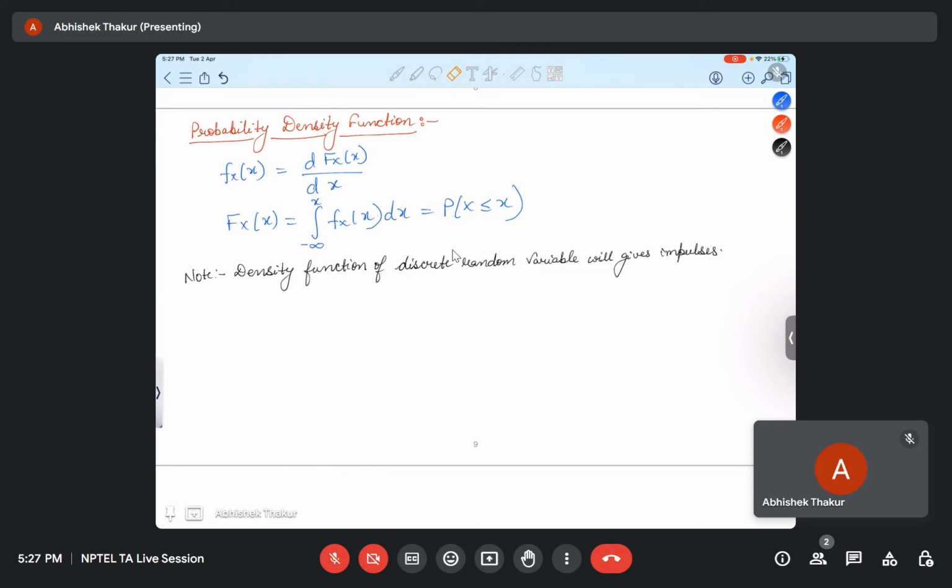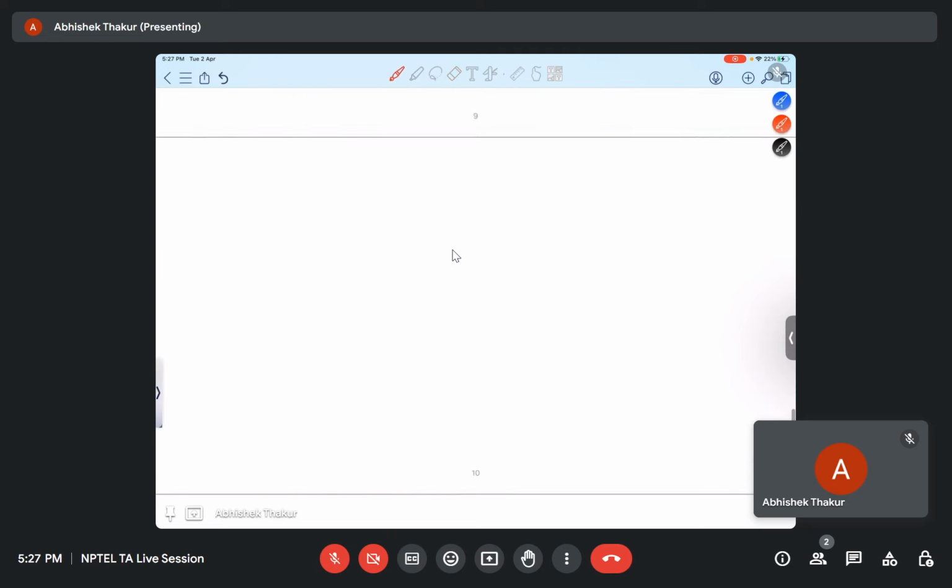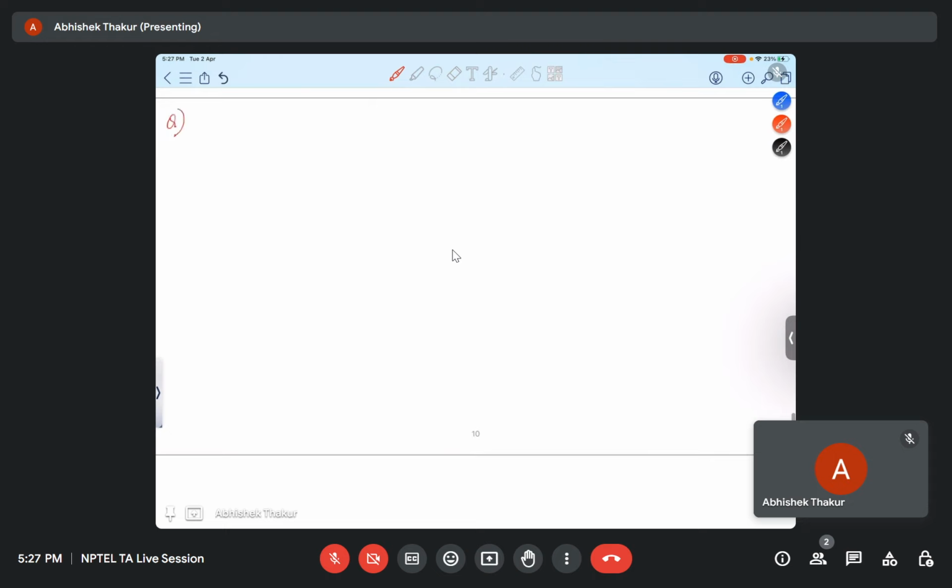So now let's solve one question. For a continuous random variable X, the density function is given below.